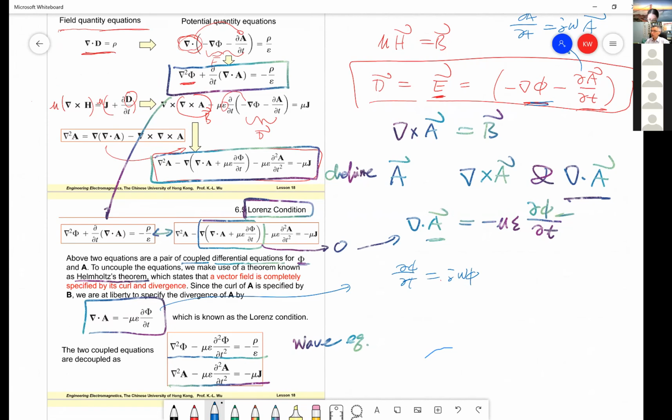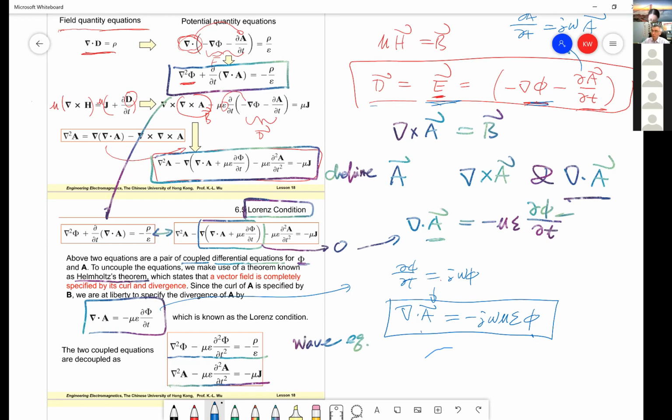So this Lorentz gauge means the divergence of A equals minus j omega epsilon mu phi. We find A, we can find phi. We find phi, we substitute phi in, then we take the gradient of phi.